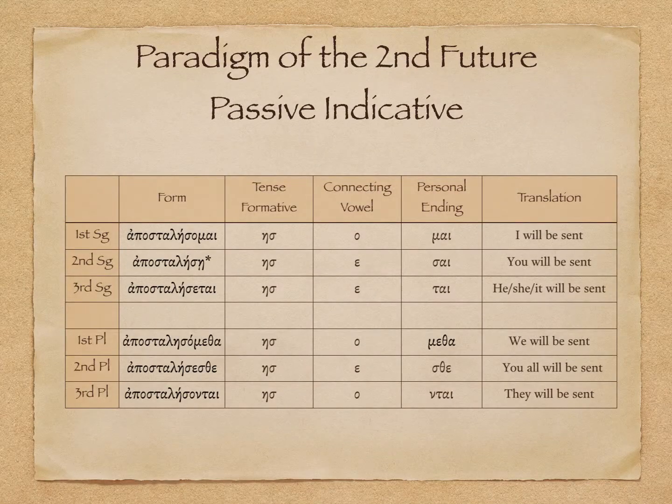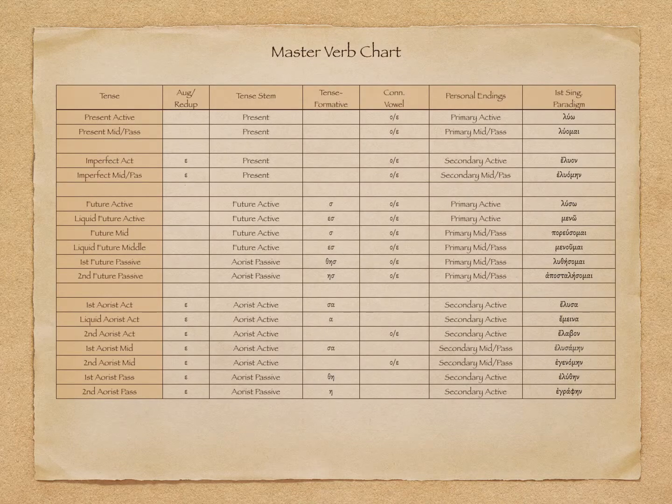And the paradigm of second future, again, similar situation with the second singular. In the personal ending, the sigma drops out, epsilon and alpha become eta, iota subscripts, for the second singular. Master verb chart is growing, and we are now at the point where, just as it is the case with the primary and secondary endings for active and the middle passive, you need to have those down.